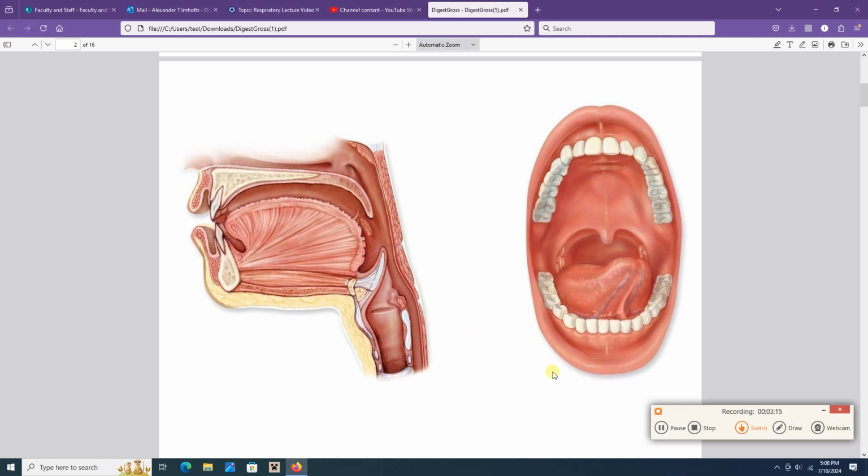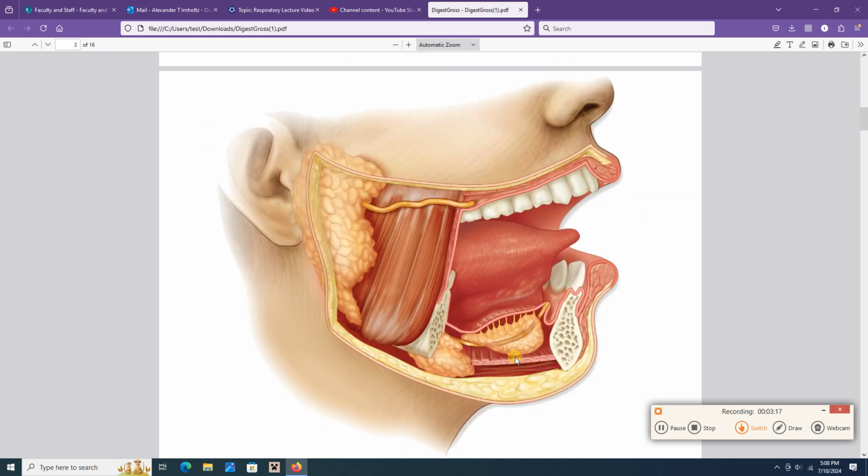Let's check out some other things as well, like our salivary glands. Salivary glands make saliva. Saliva is mostly water, but it contains immune proteins, and it contains enzymes. One enzyme that it contains is called salivary amylase. And salivary amylase is going to help you digest starch.